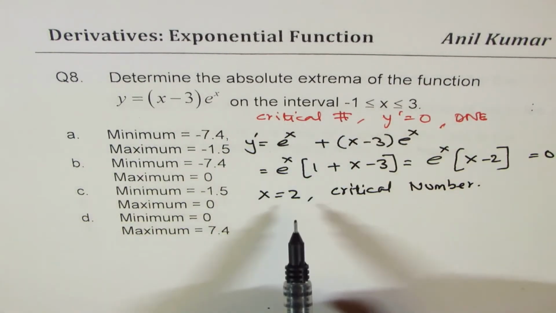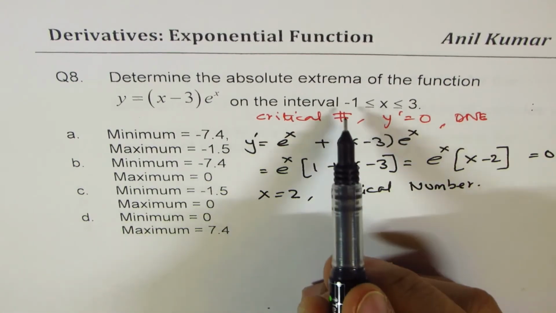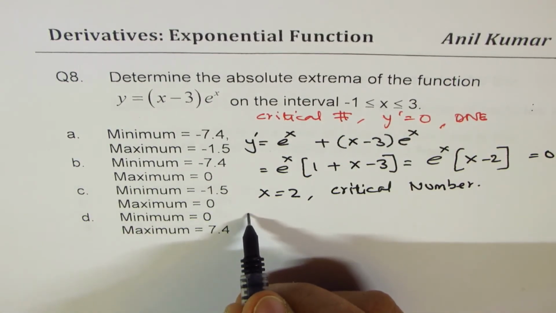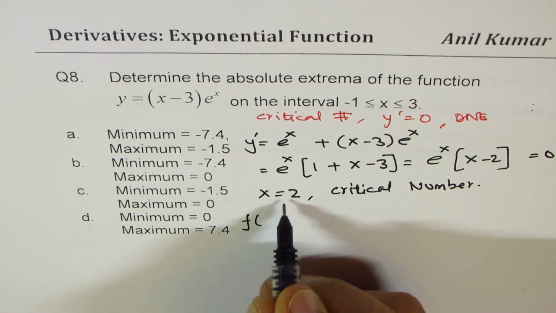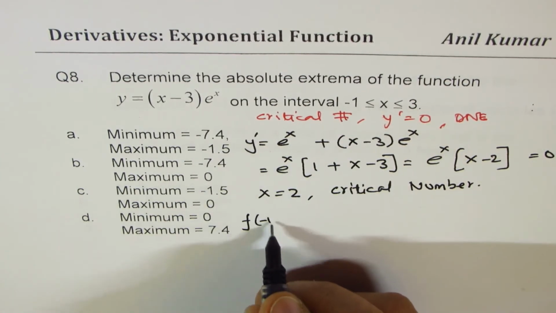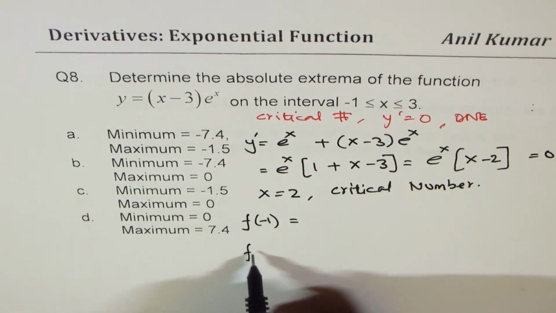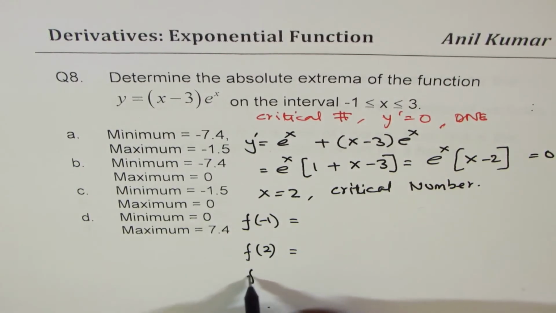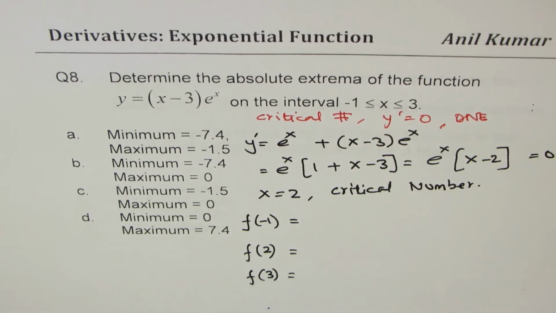Now extrema is going to be at critical number or at these points. So what we need to do is to find the value of our function. Let me write f at minus 1. This is what we have to calculate. The value of the function at the critical number 2 we have to calculate, and the value of function at the other extreme point 3 we have to calculate, correct?